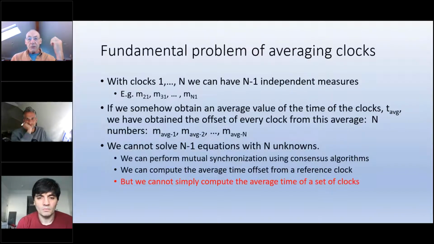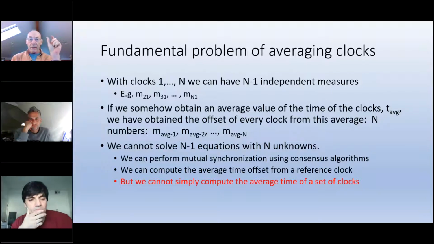Okay, the fundamental problem of trying to create a weighted average of clocks is that if you have n clocks, you only have n minus 1 independent measures. So if you're picking clock 1, for example, as your reference clock, and you measure them all against clock 1, clock 1 against clock 1 is 0, right?